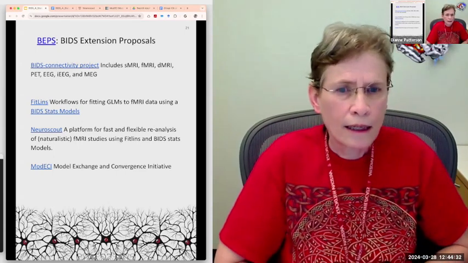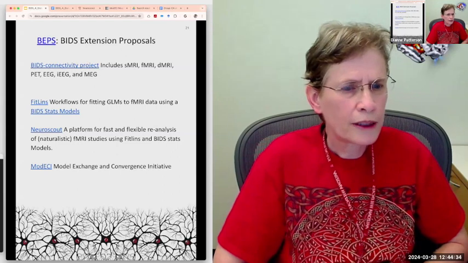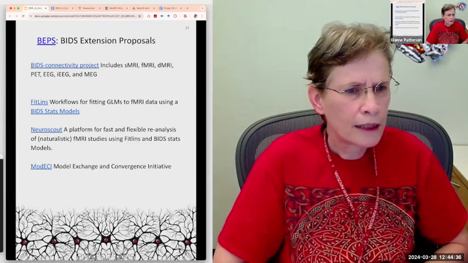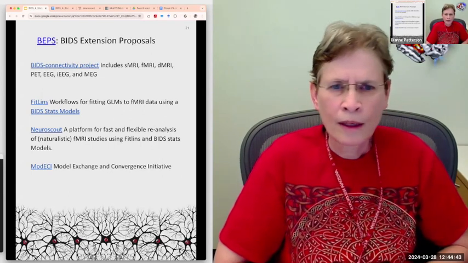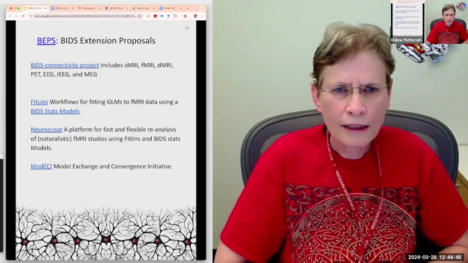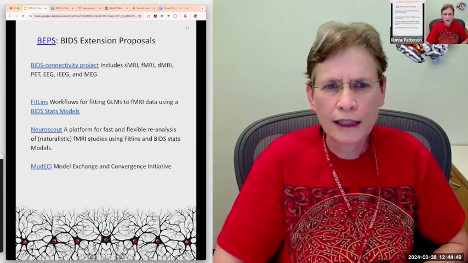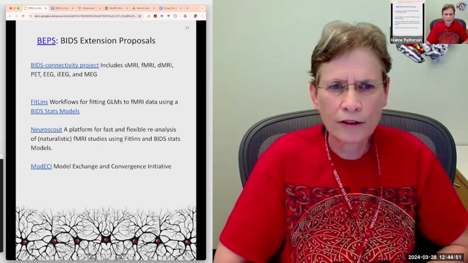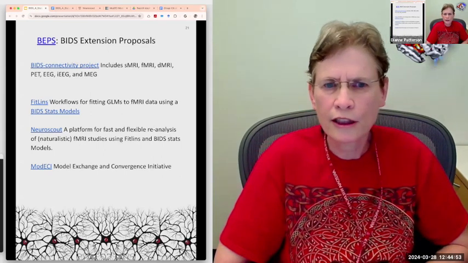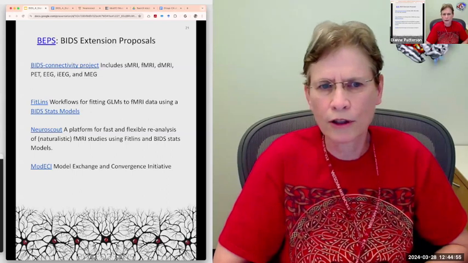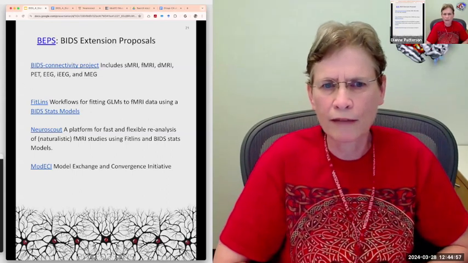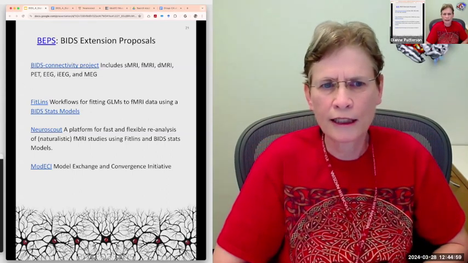All right. Then the last tool that I looked at, and I have to admit this is a little above my pay grade, is the Model Exchange and Convergence Initiative. It's a project that aims to develop a standard format for exchanging computational models across diverse software platforms and domains of scientific research.